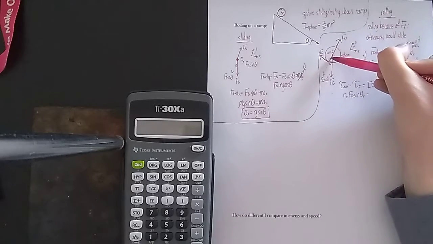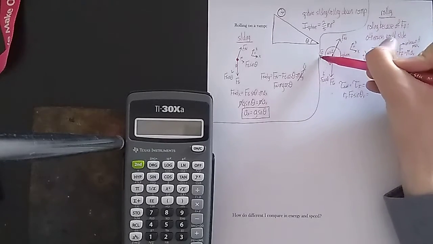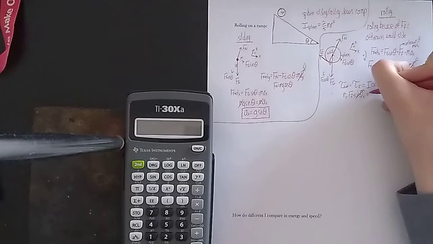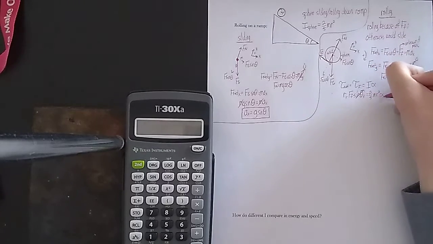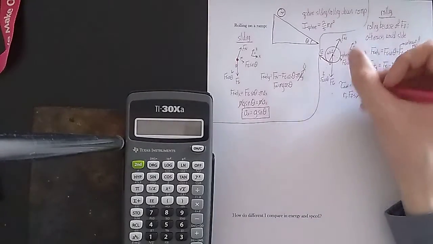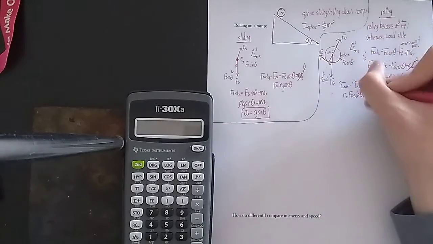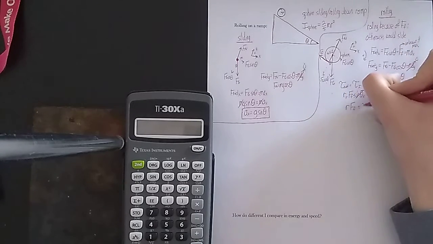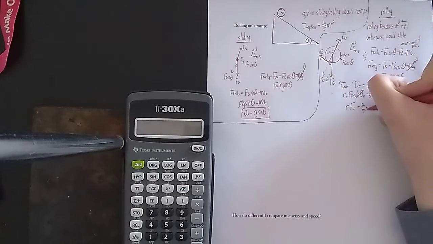As you can see here, R is out in this direction, FF is perpendicular to that, so this must be 90 degrees. The moment of inertia for the sphere is 2/5 mr squared times alpha, which is the angular acceleration. R is just the radius of the sphere, so I'm going to drop that. I'm just going to have R times the force of friction equals 2/5 mr squared.